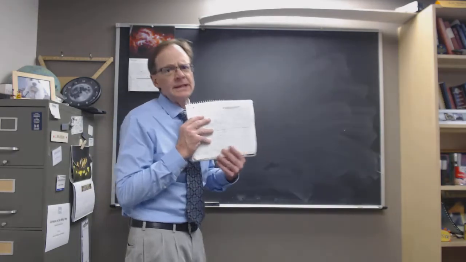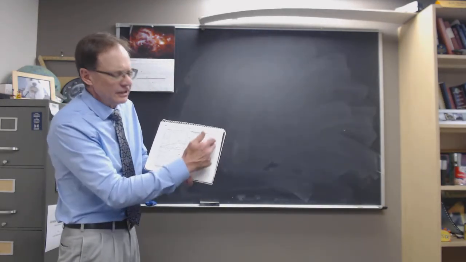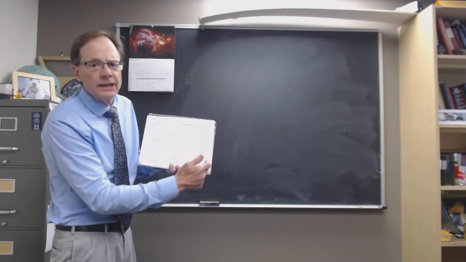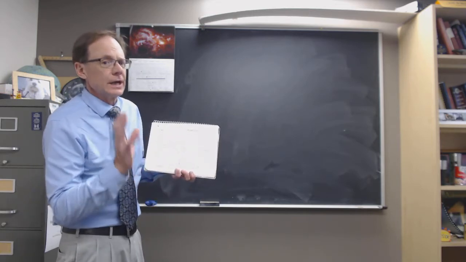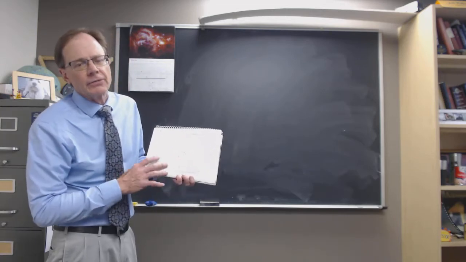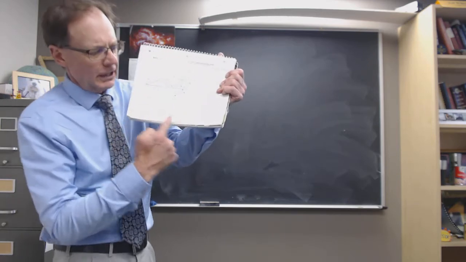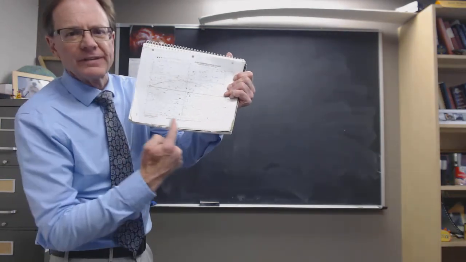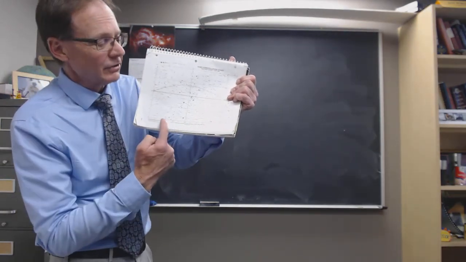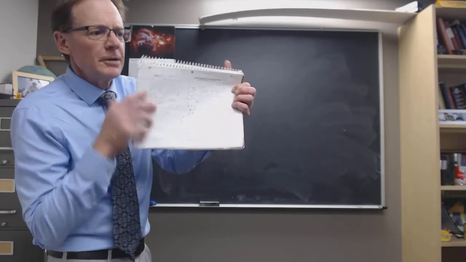What they are is essentially a graph of declination up this way. Remember, declination is the projection of latitude lines onto the sky, and right ascension across here. And right ascension is the projection of longitude lines on the sky. So you've got right ascension as the horizontal axis of your graph, and declination as the vertical axis of your graph.